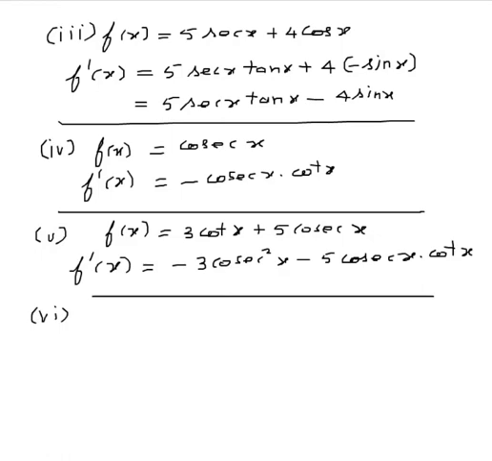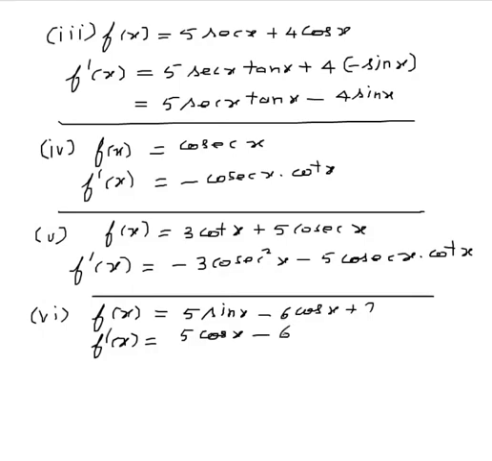Sixth subdivision, f of x is 5 sin x minus 6 cos x plus 7. The derivative is 5 into derivative of sin x is cos x, minus 6 times derivative of cos x is minus sin x, so minus of minus will become plus, and derivative of 7 is 0.